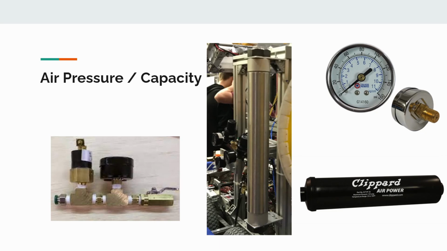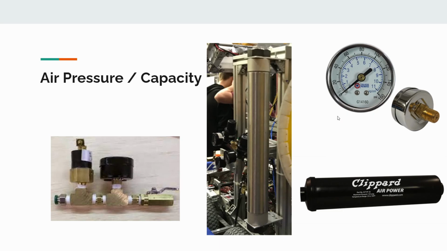They will specify a maximum amount of PSI that you can have in your loop, which you can set with a regulator valve. And here in the top right, you can see a gauge saying what PSI the loop is at.